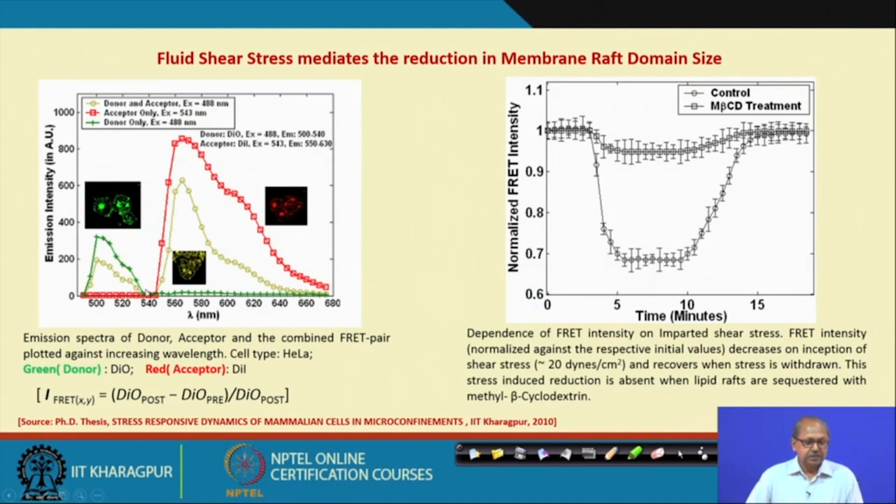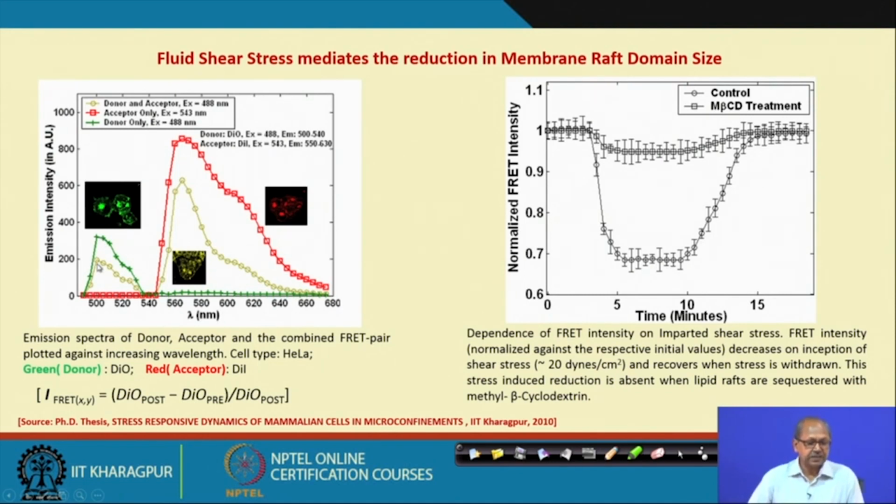Then if we bleach that acceptor, DII, then DIO will recover the fluorescence, meaning in the presence of DII, the fluorescence intensity of DIO is quenched.